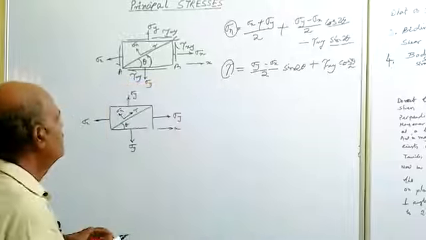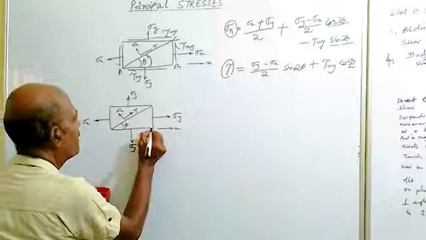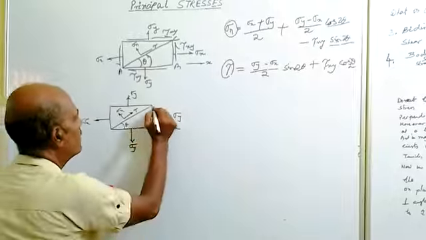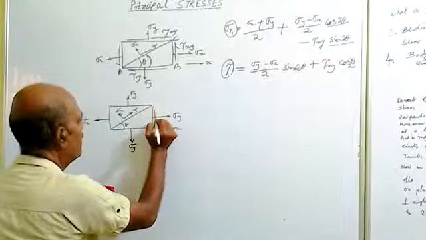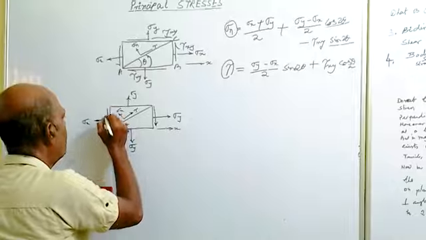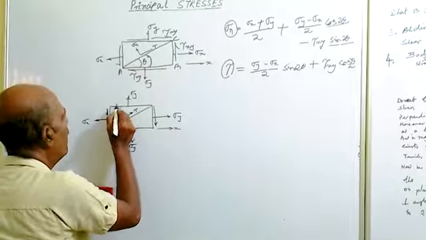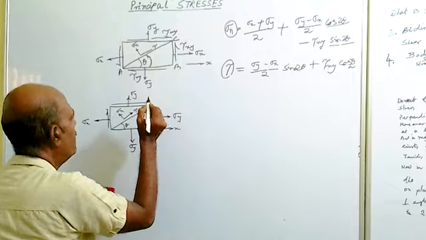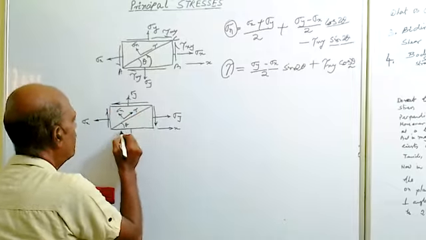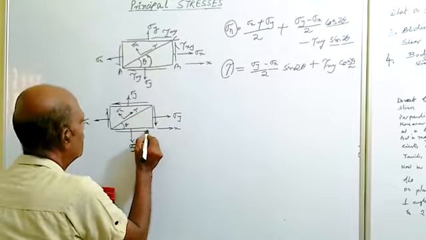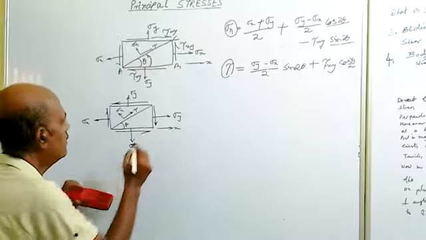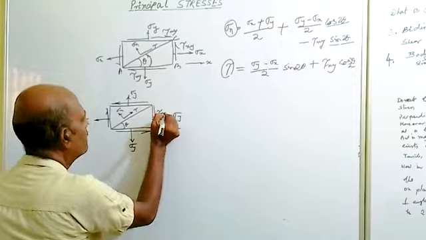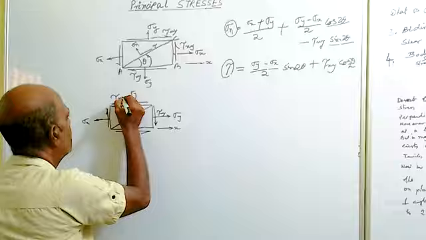Now we will see another case. Say we are considering the same case, where the shear stress is acting in clockwise sense on the x plane, and on the y plane it is anti-clockwise. This is tau xy, tau xy.